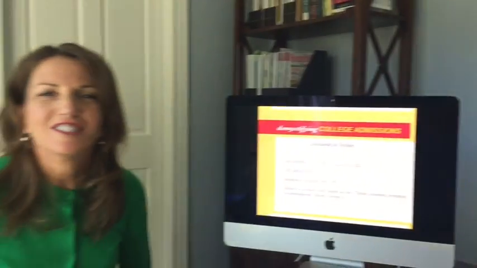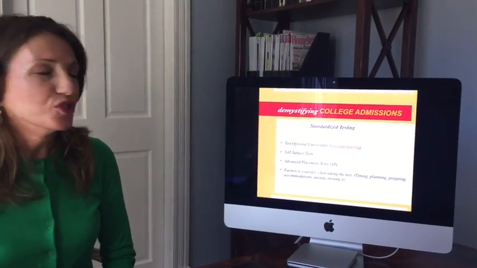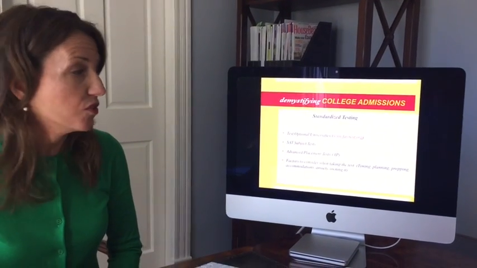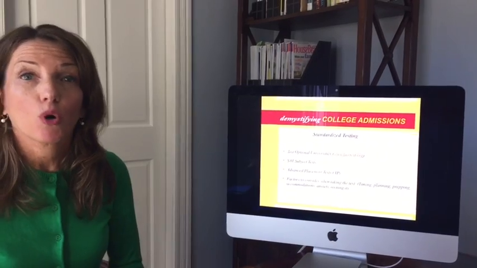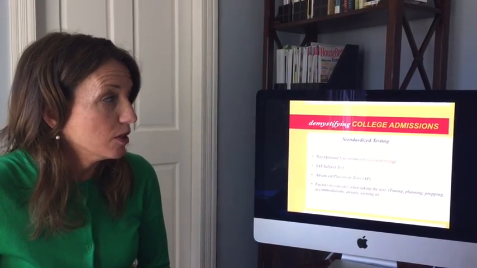As we continue our conversation about standardized testing, you should be aware that there are some universities out there that are considered test optional. What that means is they do not require the SATs or the ACTs to be included in their application. For a list of these schools, you can go to www.fairtest.org.